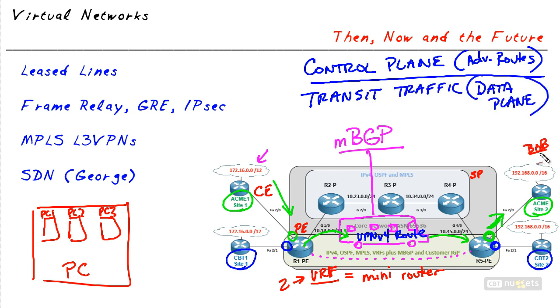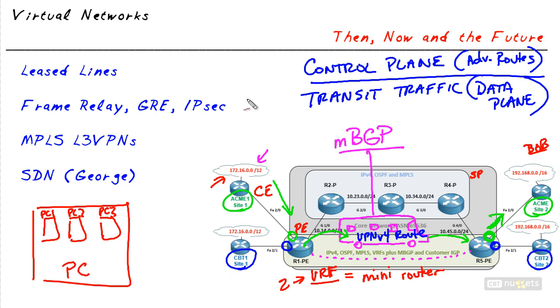So, for example, if Bob at Site 2 of Acme wants to ping 172.16.0.90 or some other host over here on the 172.16 network, the data plane should take Bob's transit traffic. It should be forwarded through the service provider network and be routed up here to this network instead of to some other customer's 172.16 network space.